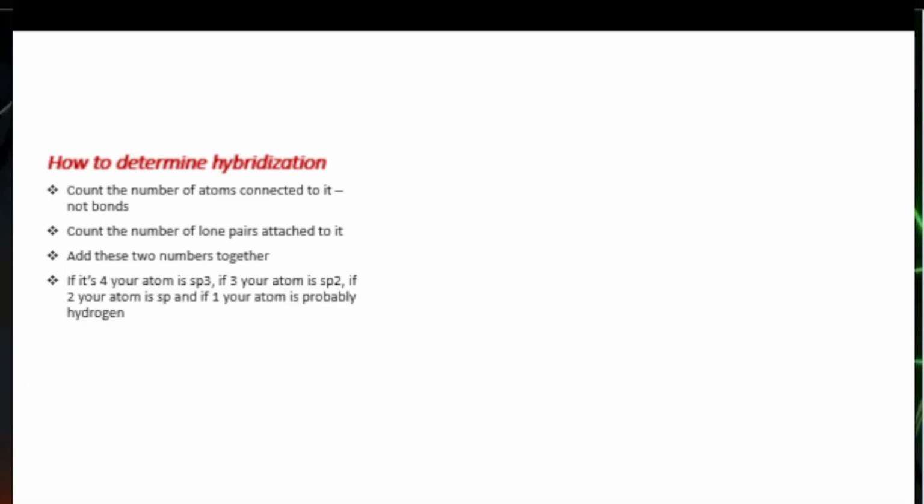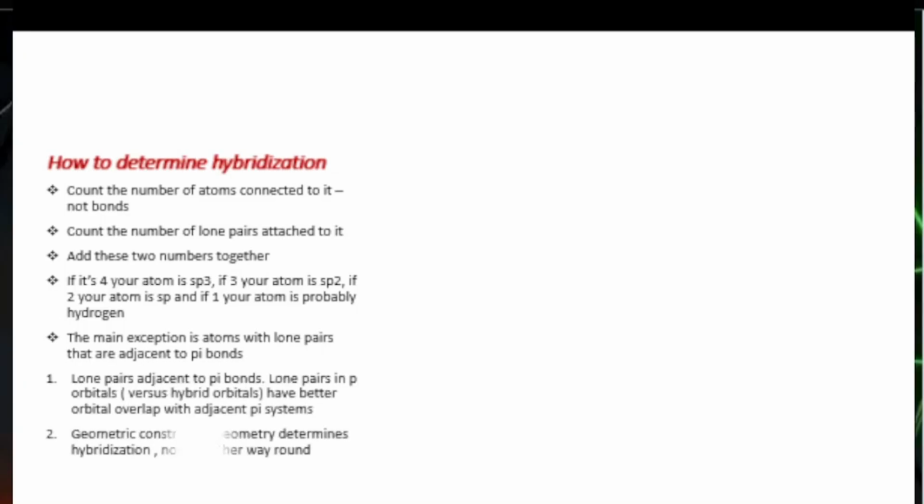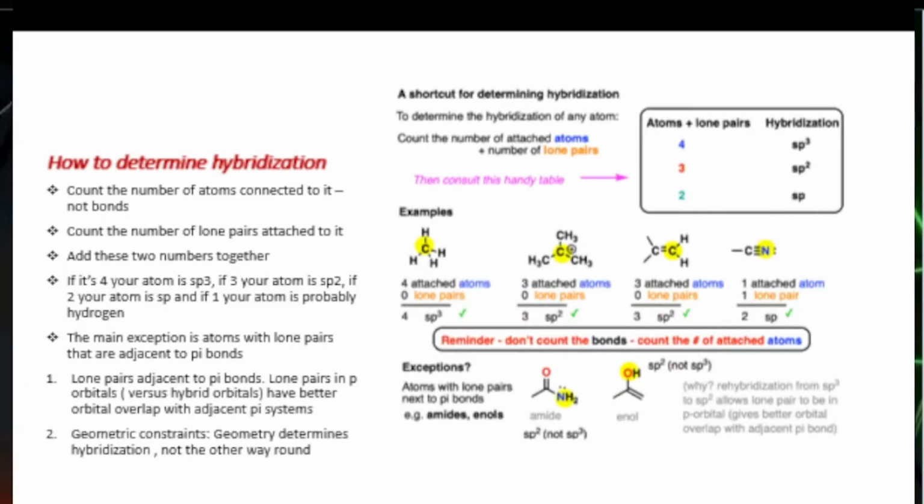If 2, your atom is sp, and if 1, your atom is probably hydrogen. The main exception is atoms with lone pairs that are adjacent to pi bonds. This is just an illustration of how to determine your hybridization.